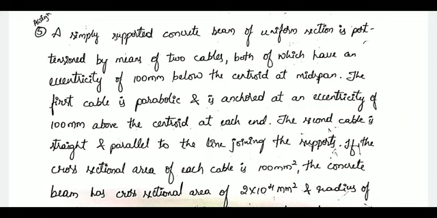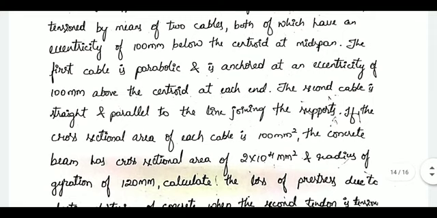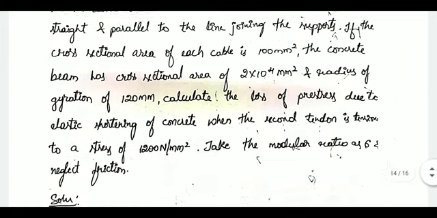So that means the first cable has 100 mm eccentricity at support above the centroid and at midspan below the centroid, and the second cable is straight with a uniform eccentricity of 100 mm. This is the case. Here area is directly given and radius of gyration is given. Where we need to use it, we will see later.